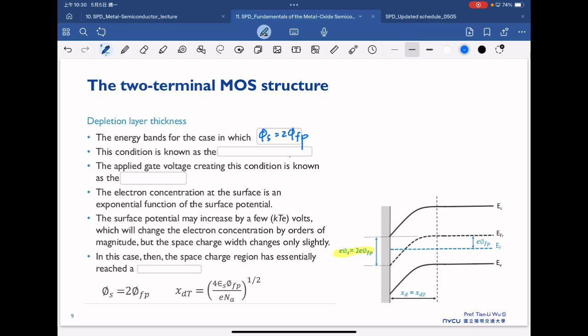This condition is known as the threshold inversion point. And the gate voltage applied to induce this condition is known as the threshold voltage.